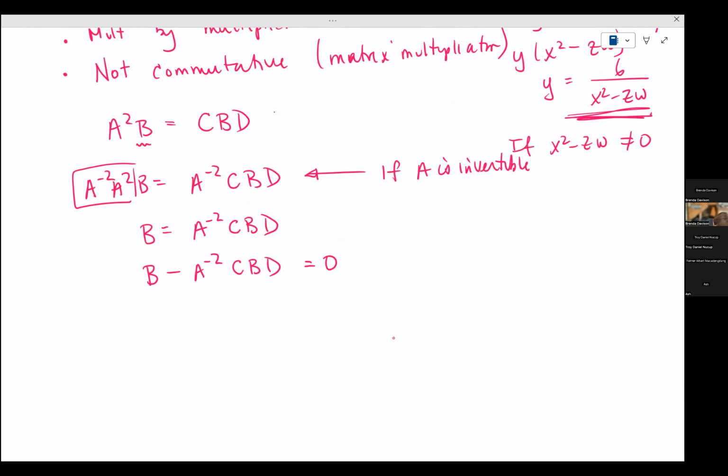Let me put here plus a as well, so I don't have it equal to 0. I'm multiplying a to the minus 2 times a, and that is a to the minus 1. Just added that here. So then this is equal to, I'm here. Now I somehow have to factor out this b.